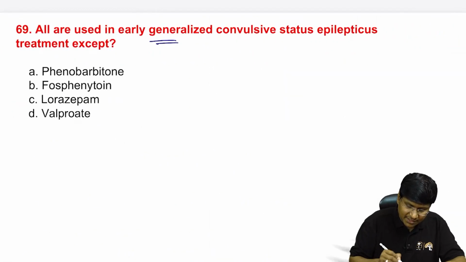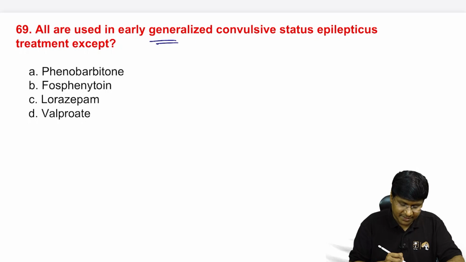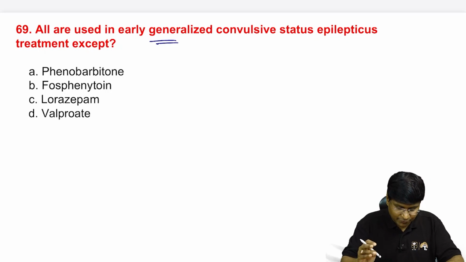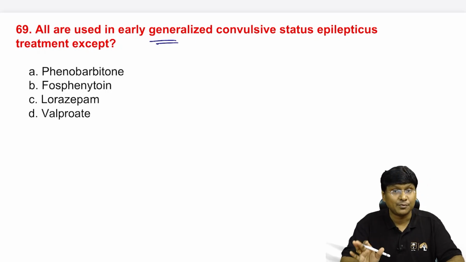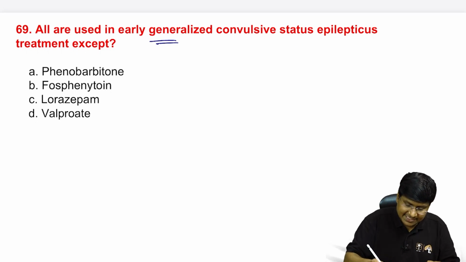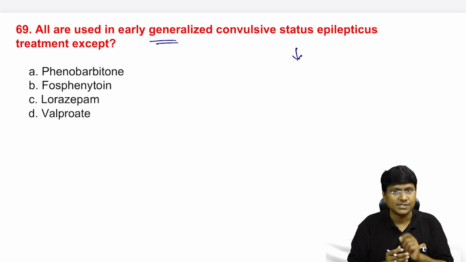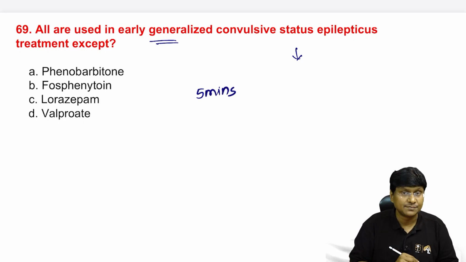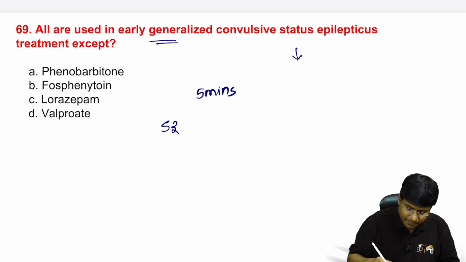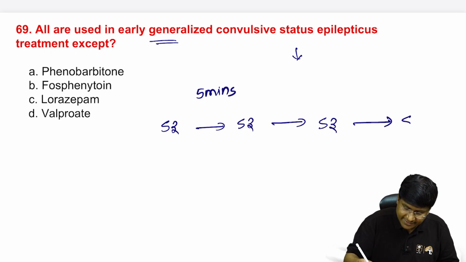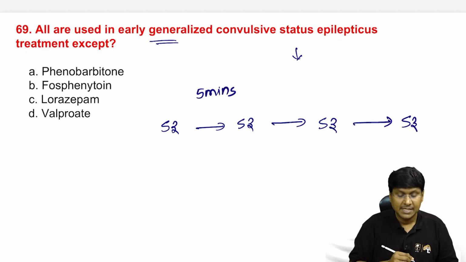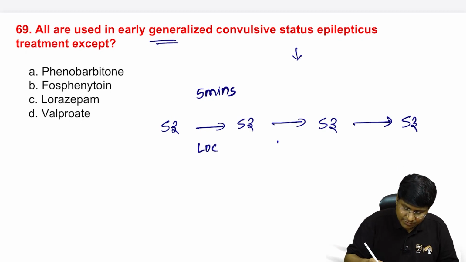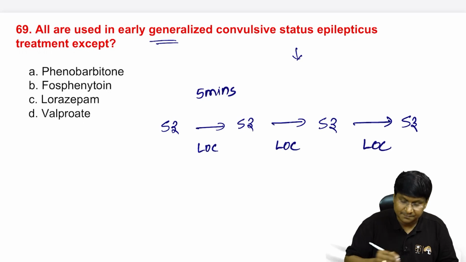Next question. All are used in early generalized convulsive status epilepticus treatment except: phenobarbital, fosphenytoin, lorazepam, and valproate. What is the definition of status epilepticus? One episode of seizure should last for at least 5 minutes, or there should be repeated episodes of seizures, and in between these episodes the individual should be in a state of loss of consciousness.